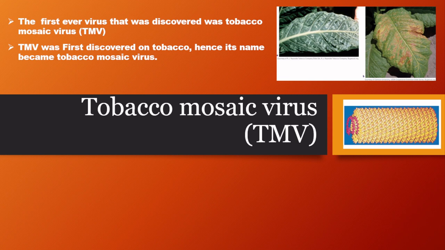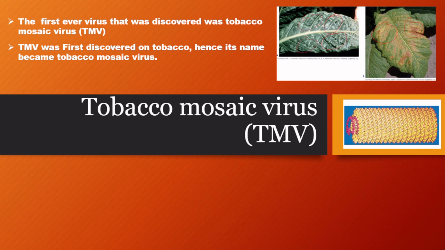This virus can cause infections in the tobacco leaves. Here we can see some spots on the leaves, these mosaic-like structures, and the green coloration has disappeared, and a mosaic-like structure is seen on the entire leaf.